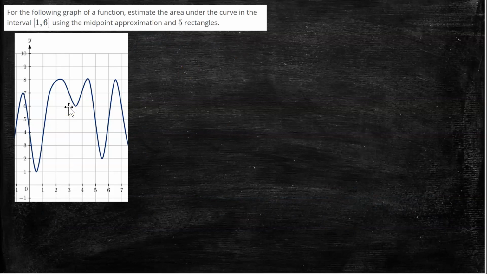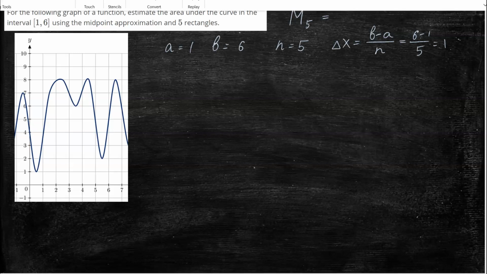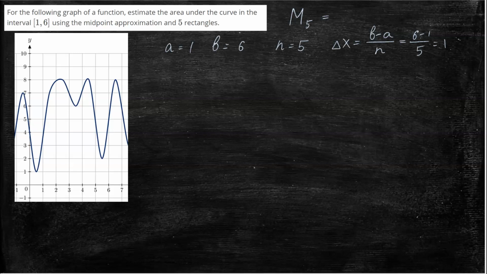Now we're not going to have a function, we just are given a graph of a function. So let's compute M5. And to compute M5, we're going to take a look at the interval, and we're going to compute the delta x using this formula. So that means we're going to have 5 intervals of width 1, and starting at 1, here they are, right?